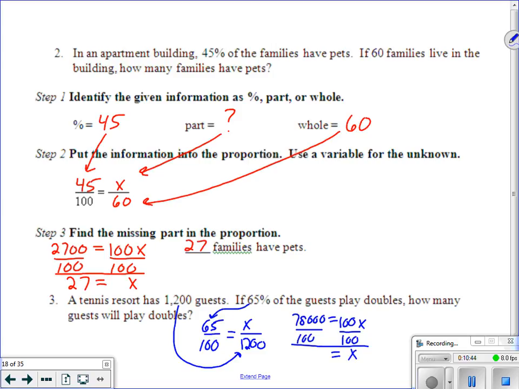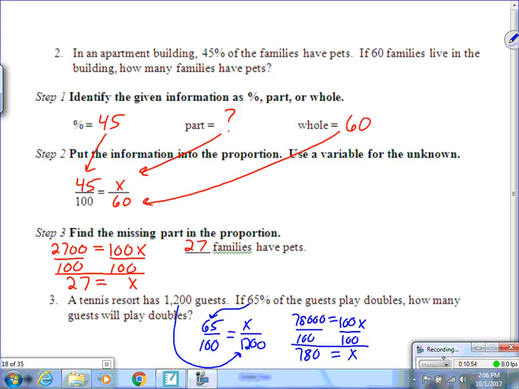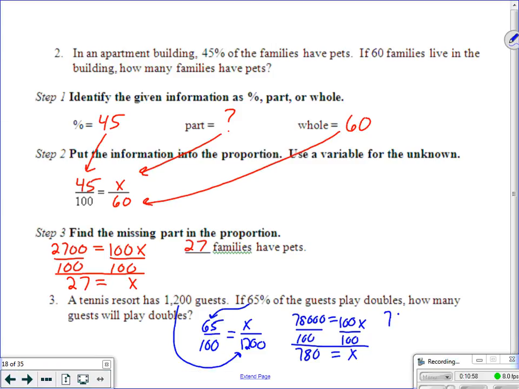So 78,000 divided by 100 is going to be 780. So 780 equals x. That means that 780 guests play doubles.